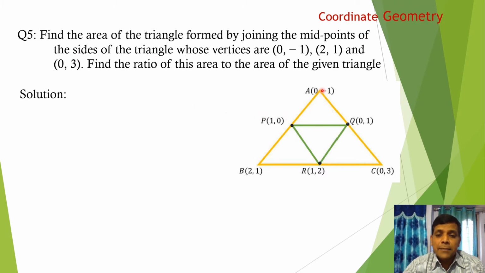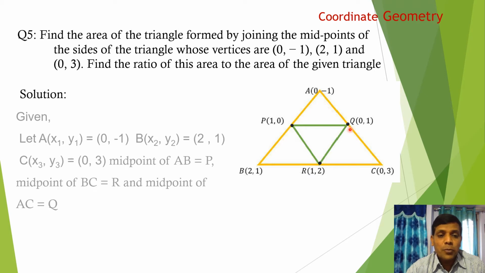The sides here are AB, BC and AC. Let P be the midpoint of AB, R the midpoint of BC, and Q the midpoint of AC. Now write down the note part.